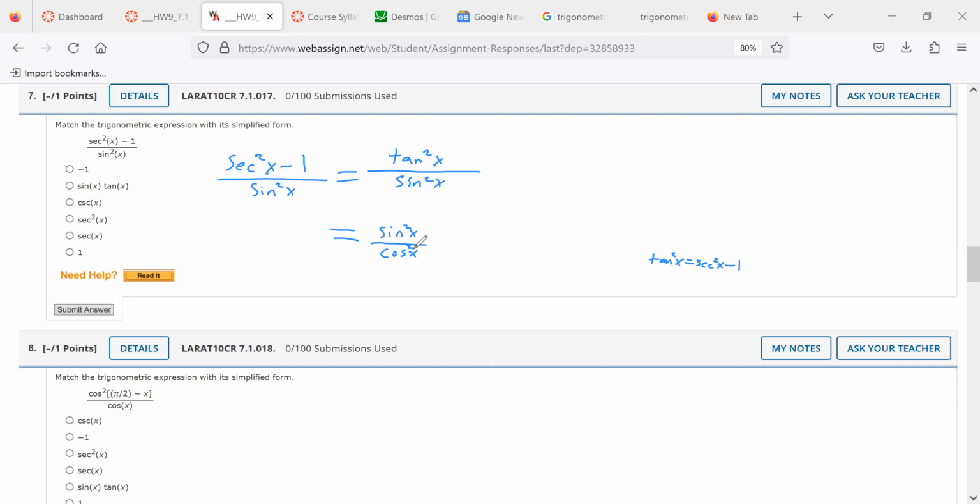What do you want to try? You have to decide on your own. Do you see something that stands out for you? And if not, just try something, see what happens. So right now I know there's a sine inside of the tangent. So I'm thinking maybe change it to that ratio and then divide it.